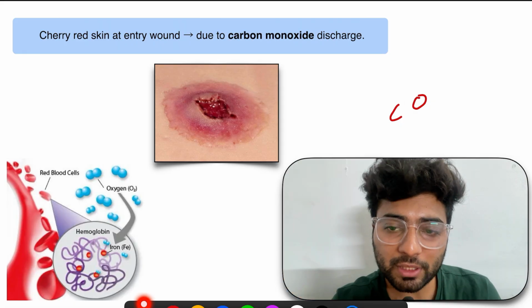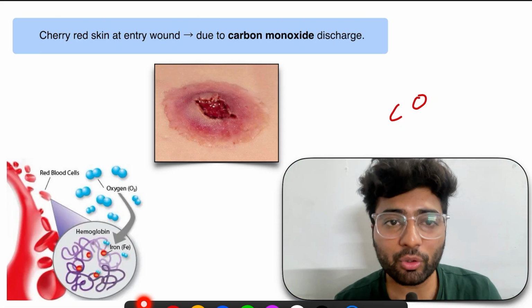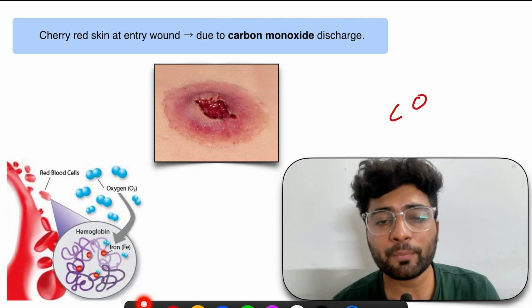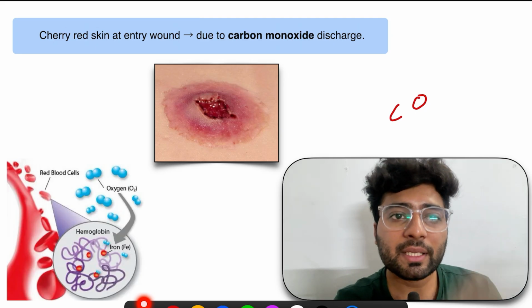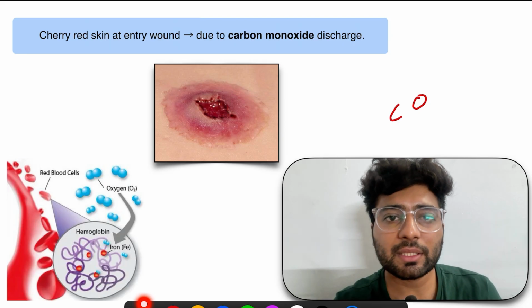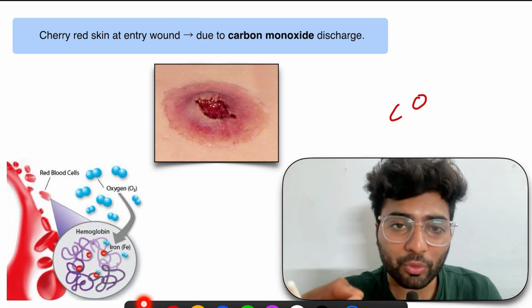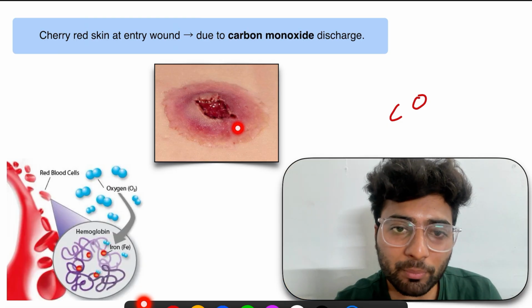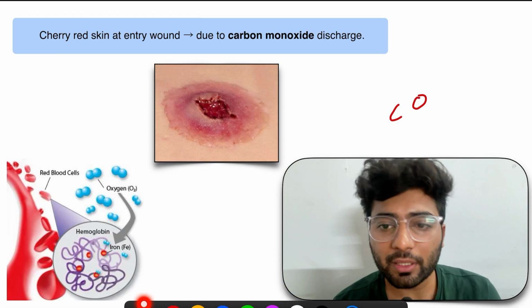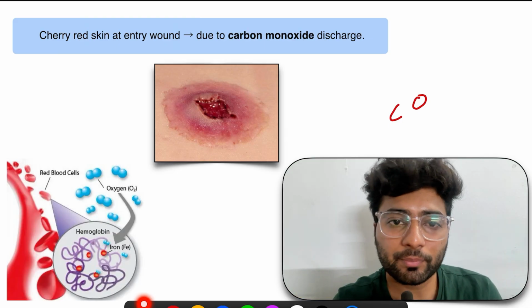So this carbon monoxide binds with the hemoglobin, and this carboxyhemoglobin is what? Cherry red in color. So we see the cherry red skin at the entry wound, and this is cherry red skin due to carbon monoxide. The bullet has smoke which has carbon monoxide, which will combine with the blood beneath this layer, and it will make what? Cherry red skin at the entry wound.